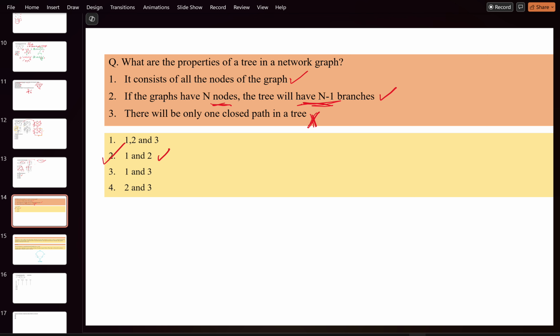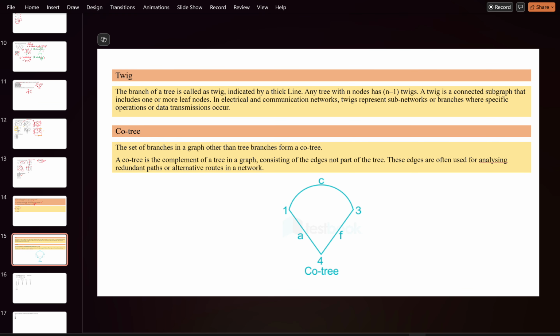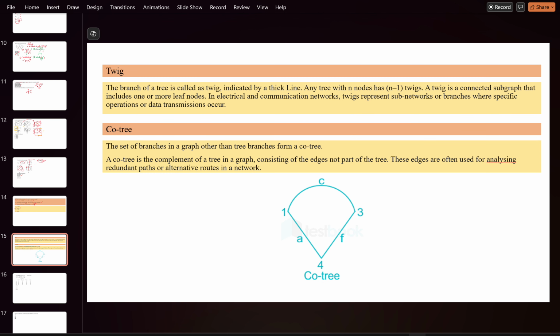Okay, so let me go to some other definitions as well. Let me go to the twig and co-tree. Co-tree I have already explained: the remaining part of the graph other than the tree is a co-tree. And the second thing is the twig.